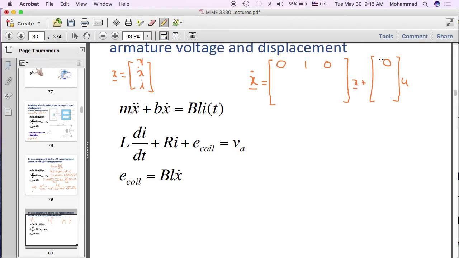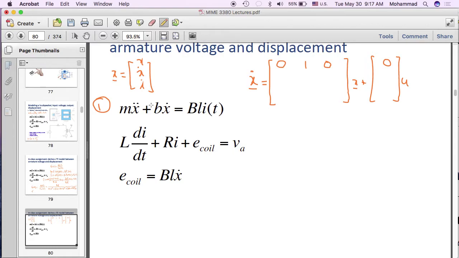So the second line basically tells the derivative of x dot is x double dot. So how is x double dot a function of the rest of the state variables? The answer to that question comes from this equation.